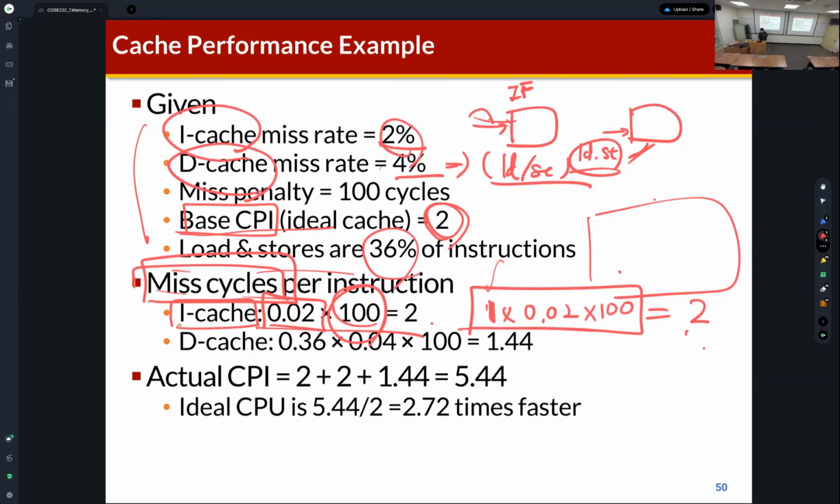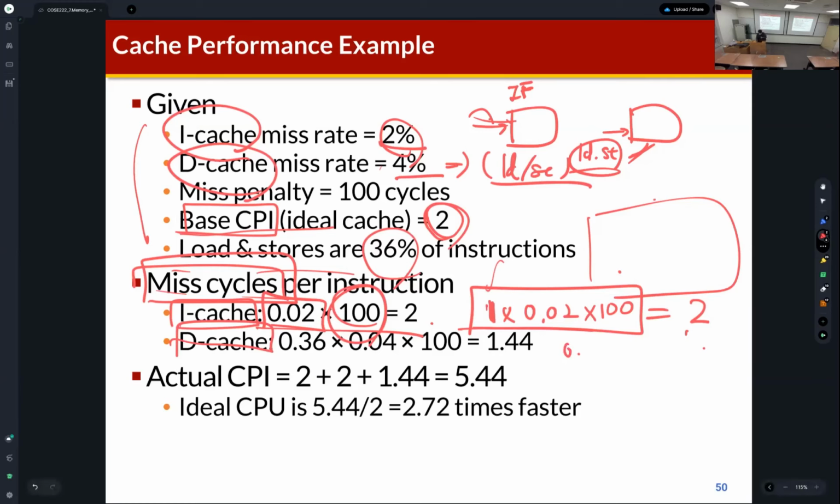Then how about the data cache? I said that only load and store instructions access the data cache, right? So 0.36, 36% of instructions access the data cache. And what is the data cache miss rate?